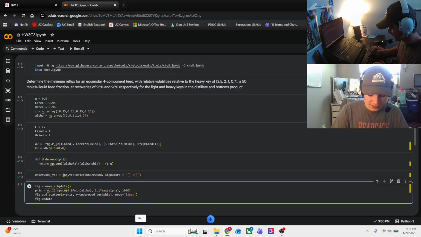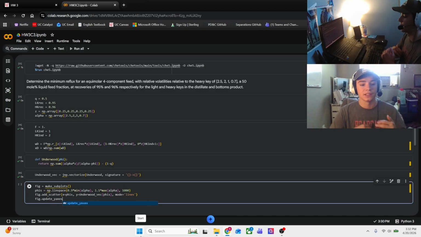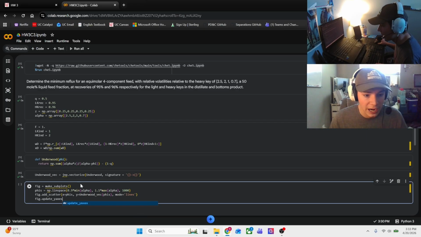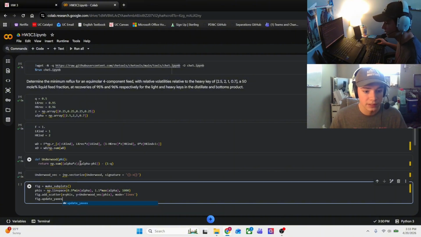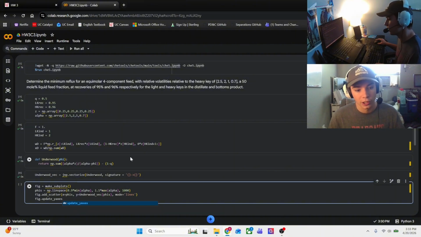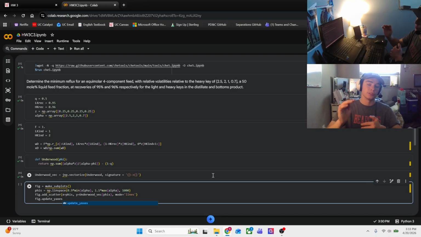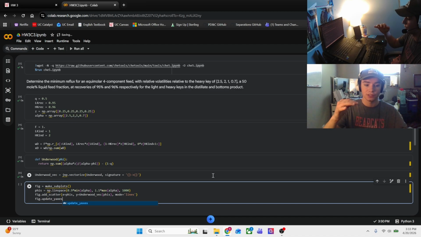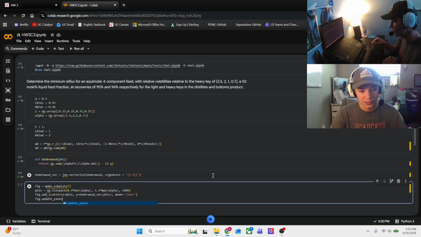We also want to update our y-axis. I forgot this is an asymptotic function. Once we hit our alphas in our function up here where the denominator goes to 0, we're going to have this crazy asymptotic function. So we're going to make this entire graph look pretty much unreadable unless we go ahead and update that y-axis to limit it down to just like -3 to 3, so we know what we're looking at.